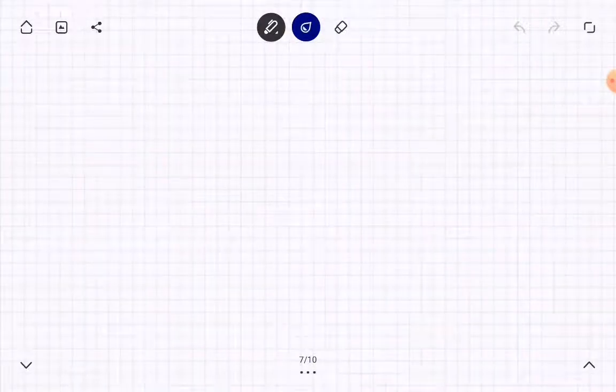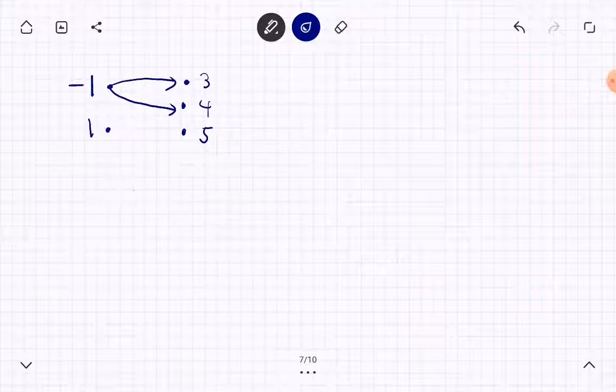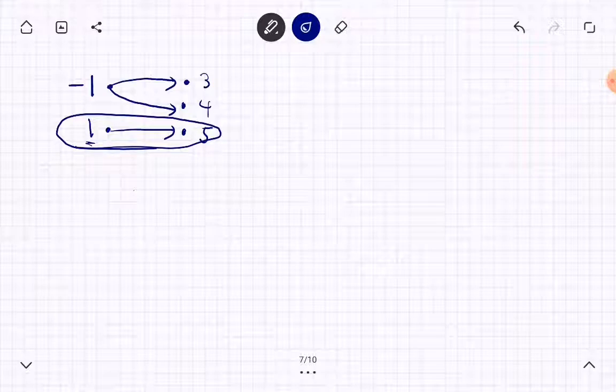So let's say I have a relation that looks like this: -1 and 1, and then I have three numbers here, 3, 4, 5. -1 goes to 4 and 3. 1 goes to 5. So this is not a problem, because there's one input that is going to one output. That's fine.